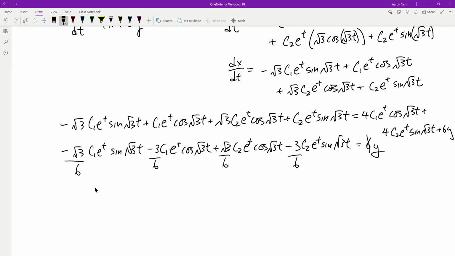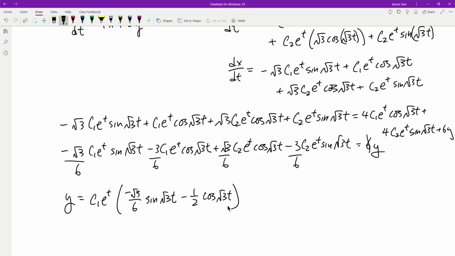So let me see how I'm going to collect all these terms together. I'm going to collect all the c1 e^t terms together. So it will be c1 e^t multiplied by negative radical 3 over 6 sine radical 3t minus 1/2 cosine radical 3t.